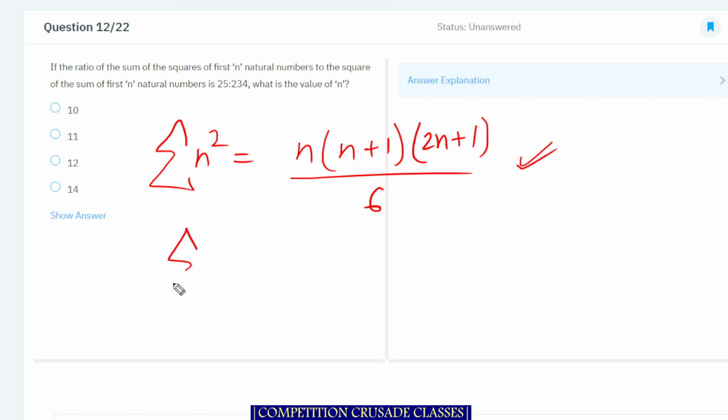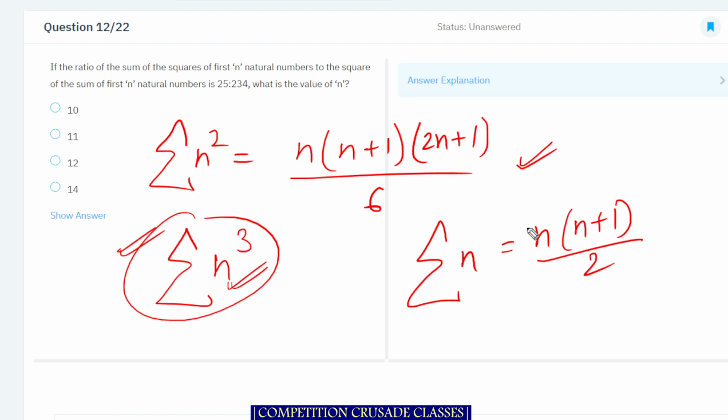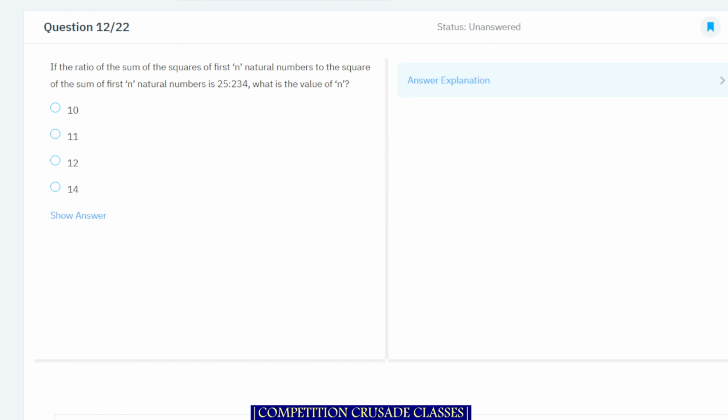You will have standard series in which you are supposed to know the summation of the first n natural numbers, the summation of the squares of the first n natural numbers, and the summation of the cubes of the first n natural numbers. These are the three things that you need to remember. For sigma n, which is relevant to this question, it is n into n plus 1 by 2. So just substitute the values and you'll get the answer.